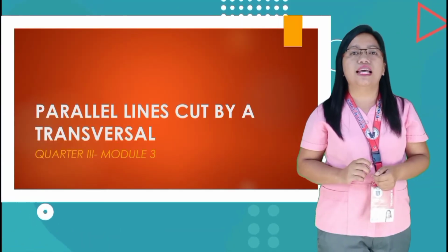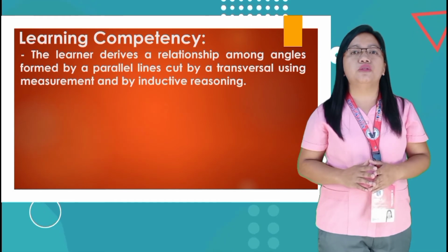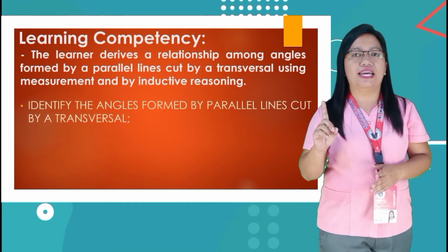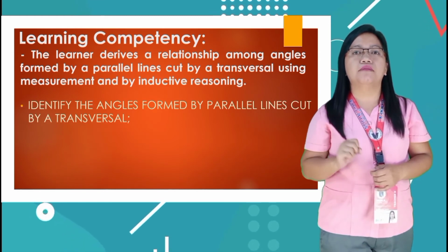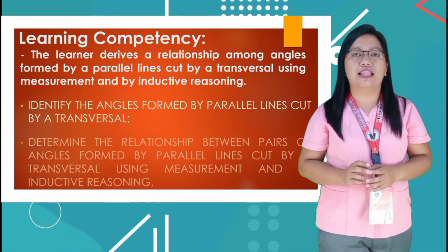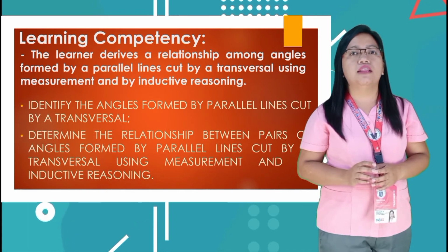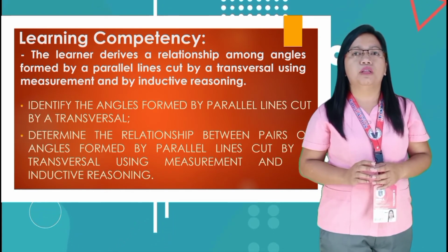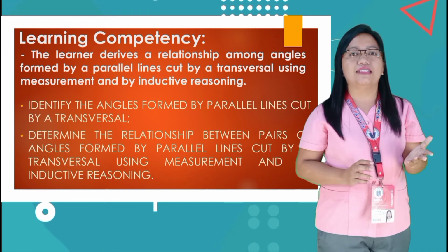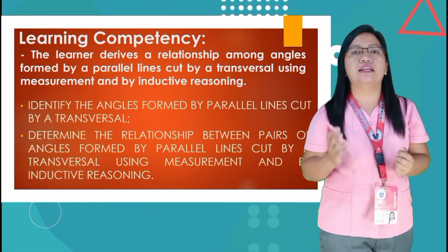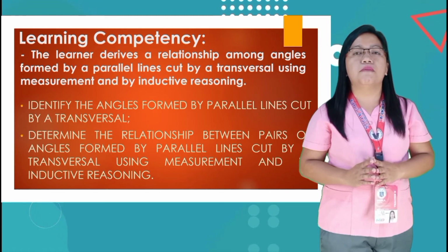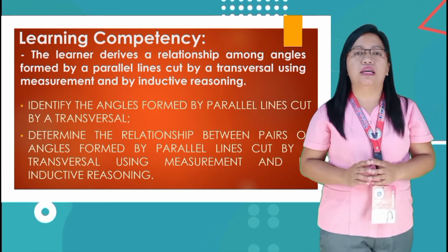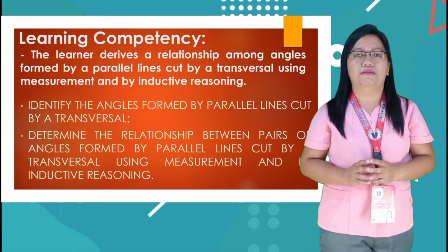At the end of this lesson, you are expected to identify the angles formed by parallel lines cut by a transversal and determine the relationship between pairs of angles formed by parallel lines cut by a transversal using measurement and by inductive reasoning.